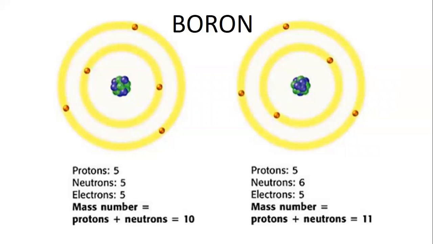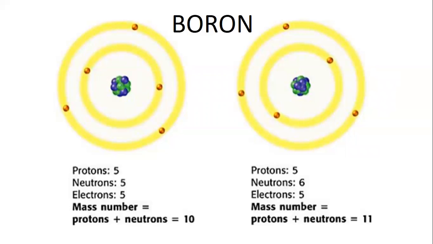To identify a specific isotope of an element, write the name of the element, followed by a hyphen, and the mass number of the isotope. A hydrogen atom with 1 proton and no neutrons has a mass number of 1. Its name is hydrogen 1. Hydrogen 2 has 1 proton and 1 neutron.